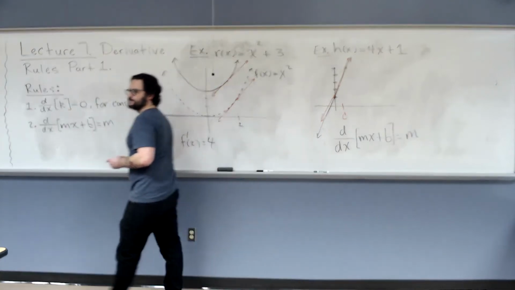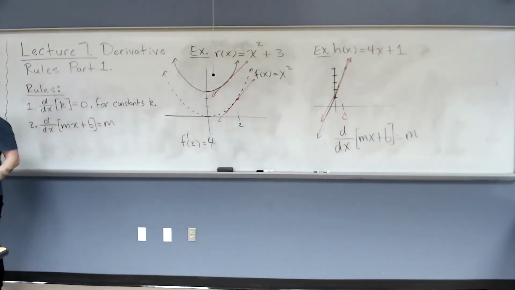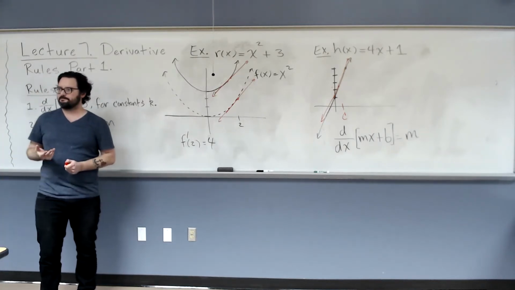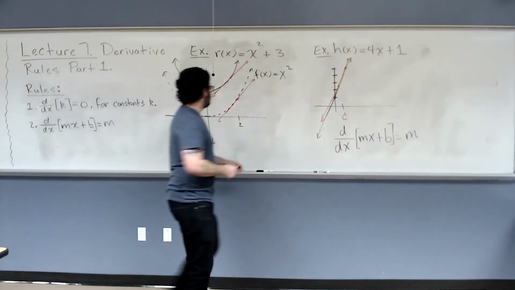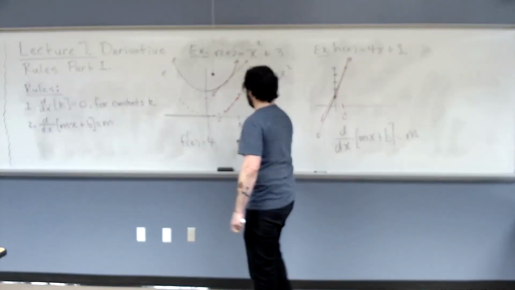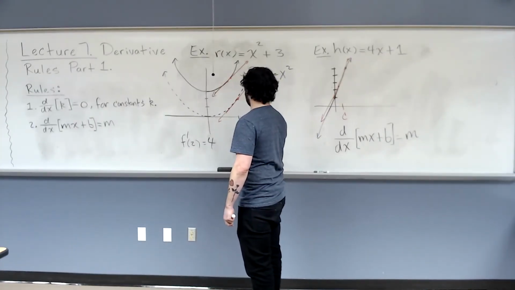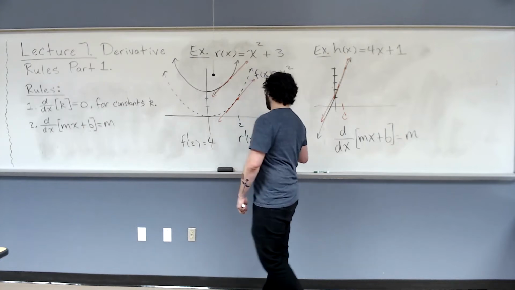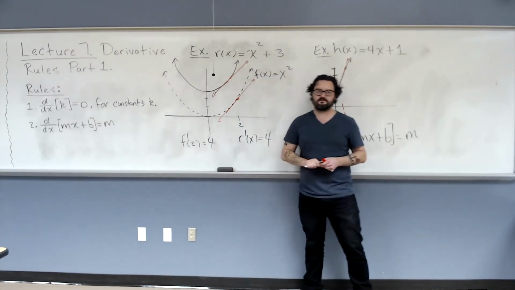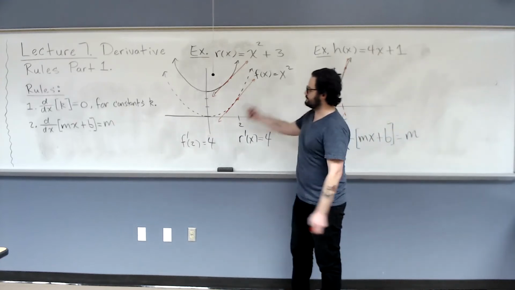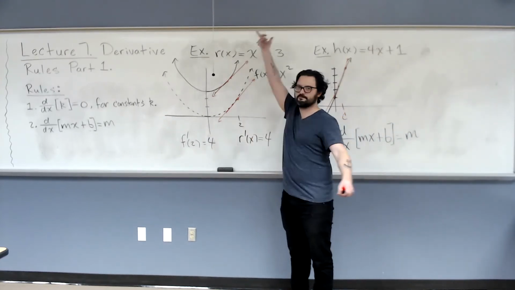Nope, they're not going to be different. All we did was raise the thing. We didn't change the curvature of it, right? So we can conclude that r prime of x must also be equal to 4, right? Because it's just this thing, which we know the derivative at 2, raised up, right?